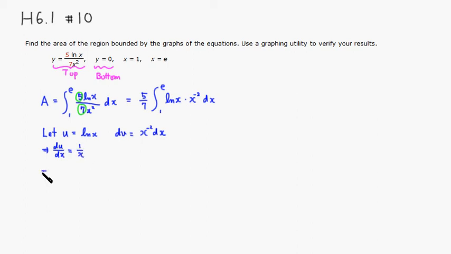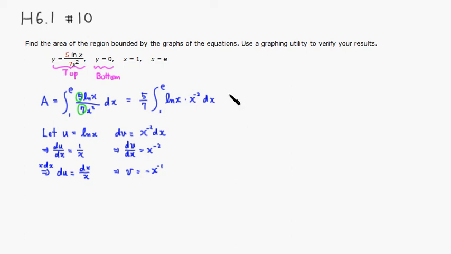Then multiply both sides by dx, so that we can find du, which is dx over x. Then dv is x to the negative 2 dx. Then find the antiderivative of that. So v is the antiderivative, add 1 to the power, so x to the negative 1, and divide by negative 1, which is the same thing as multiply by negative 1. So we have that.